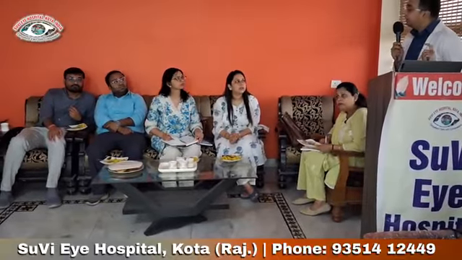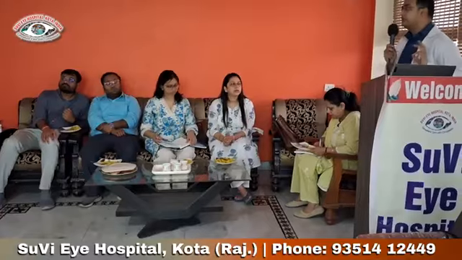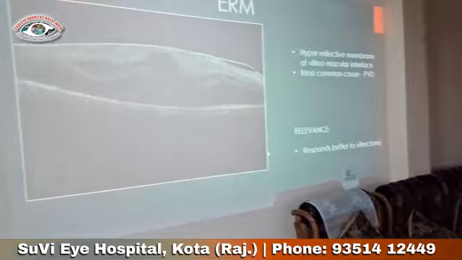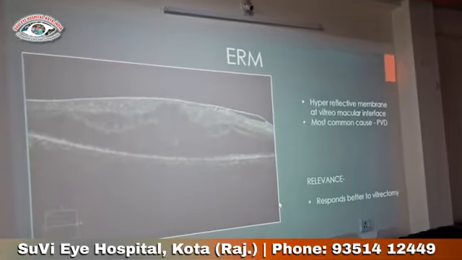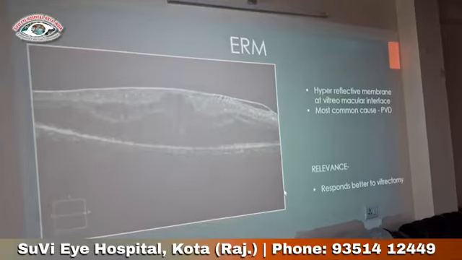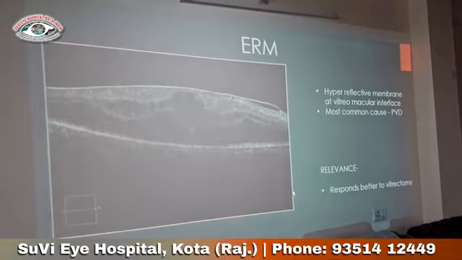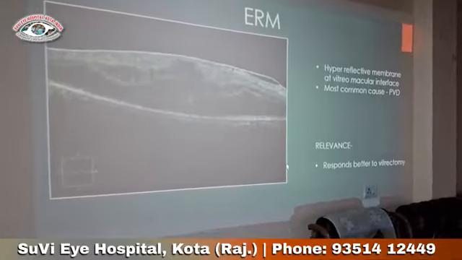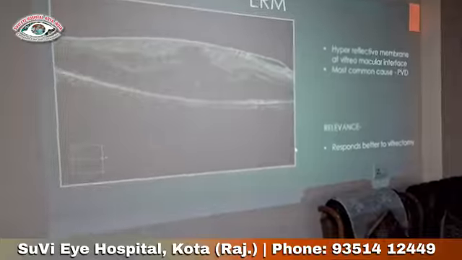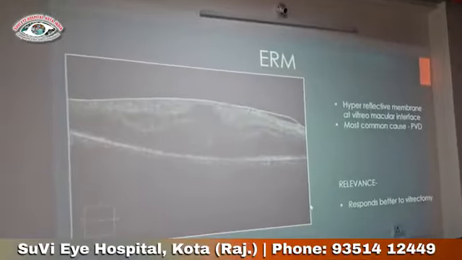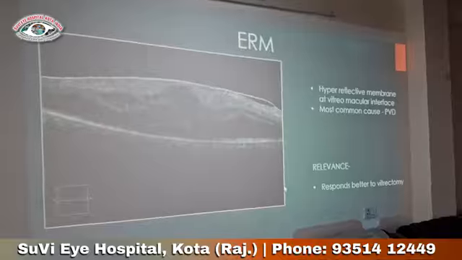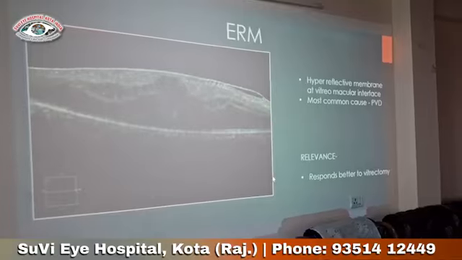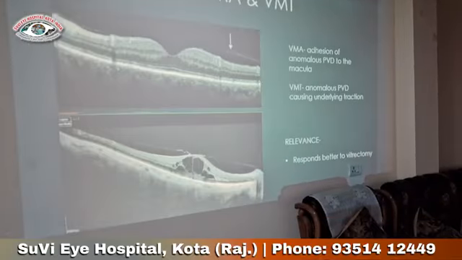It is called ectopic inner foveal layers. Because of the anterior, posterior and tangential traction of the ERM on the inner retinal layers, it causes ectopic inner foveal layers. The inner foveal layers are a little elevated, and this ectopia happens. There is a grading of 1 to 4 for ectopic inner foveal layers, and the grade is basically regarding the prognosis, which responds better to vitrectomy.